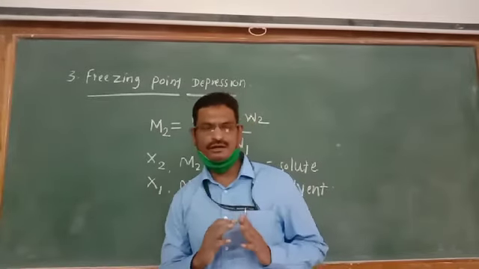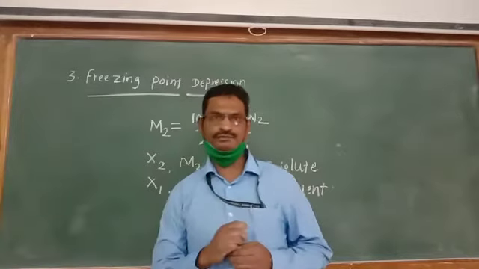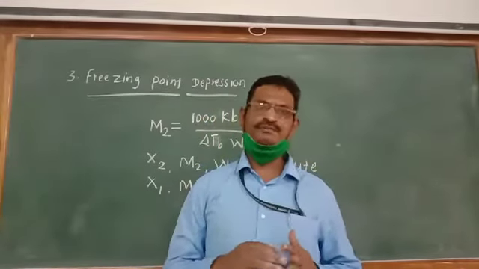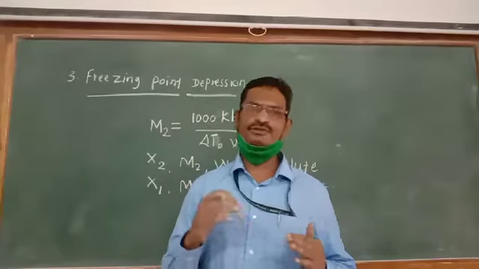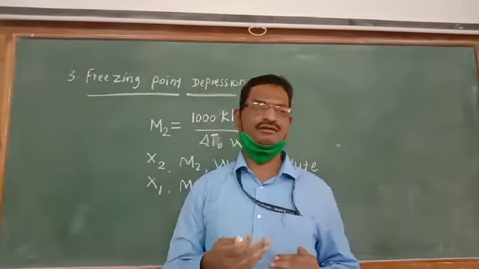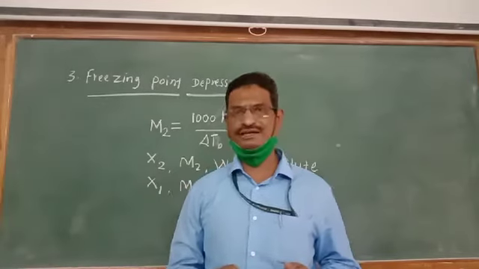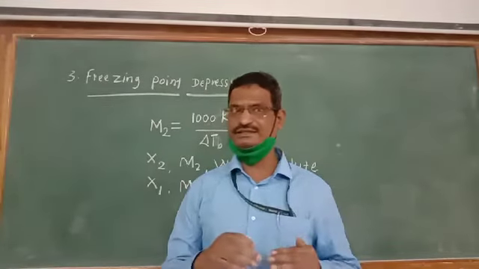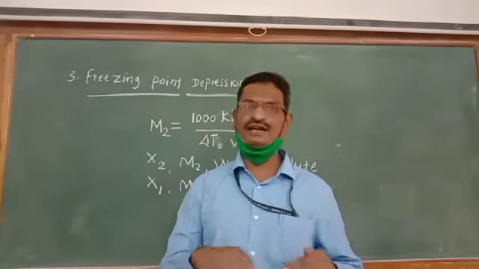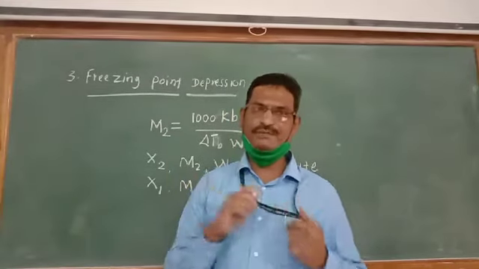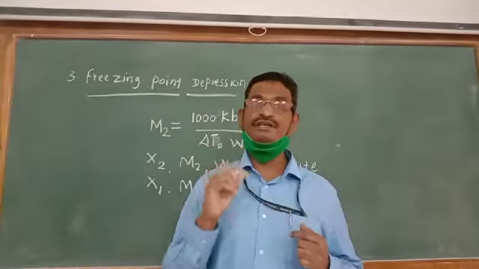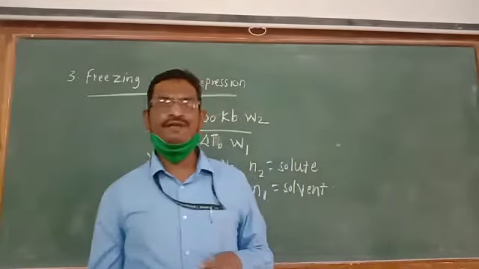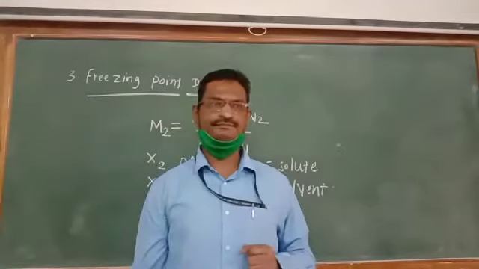So if we consider the freezing point of solvent and freezing point of solution, it is observed that the freezing point of solvent is greater as compared with the freezing point of solution. In elevation of boiling point it is the opposite case. Boiling point of solution is greater than solvent, but in the depression of freezing point, the freezing point of solvent is greater as compared with the freezing point of solution.